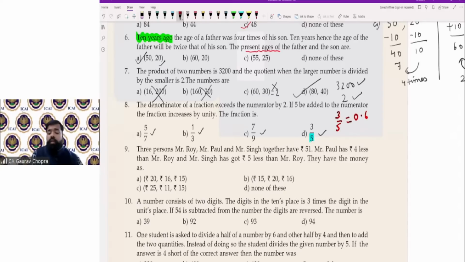Now if you add 5 in numerator, it will become 8 by 5, that is 1.6. So by how much did the number increase? Number increases by 1, that is unity. So option number D is correct. So always you can judge which option to try first. If 5 has to be added to the numerator, search for an option where the denominator is 5. Then you will easily get your answer.